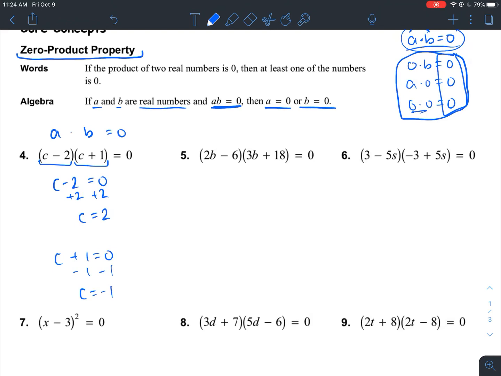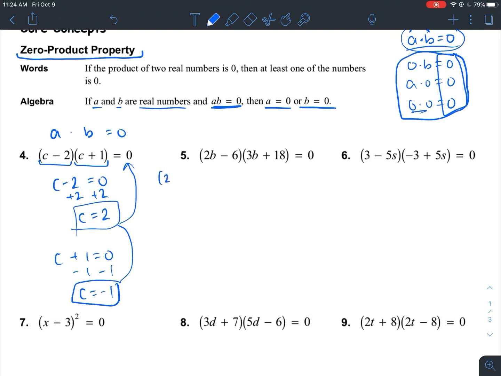So what this means is that if I take the value c equals negative 1 or c equals 2 and plug it into my equation, it will be a true statement. Let's say I take c equals 2.